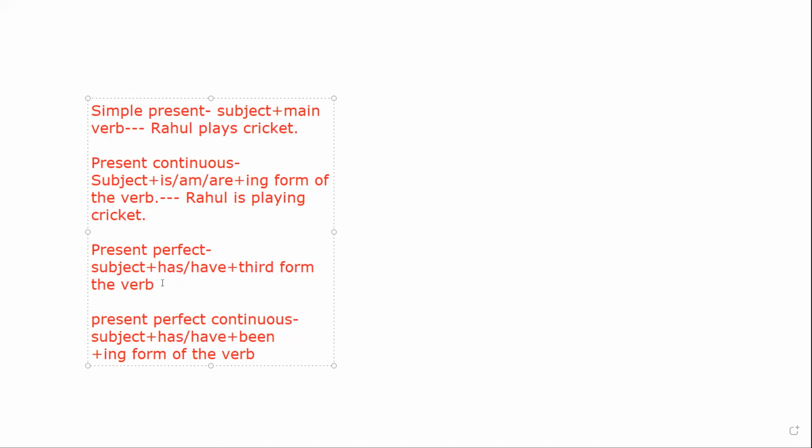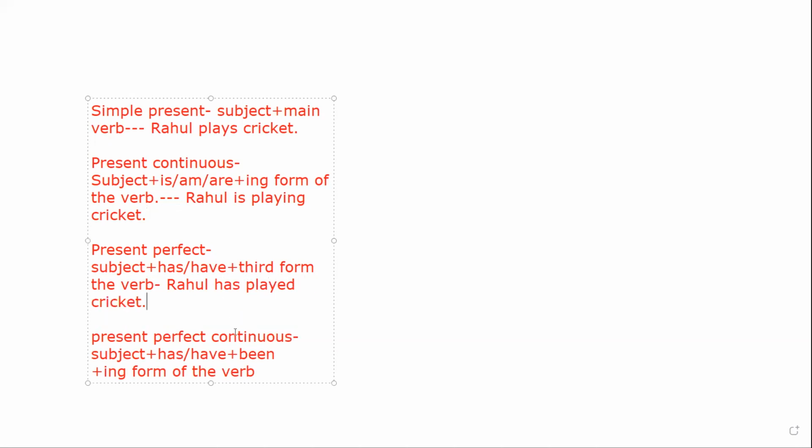In present perfect tense, you have to write Rahul has played cricket. And in present perfect continuous tense, you have to write Rahul has been playing cricket.